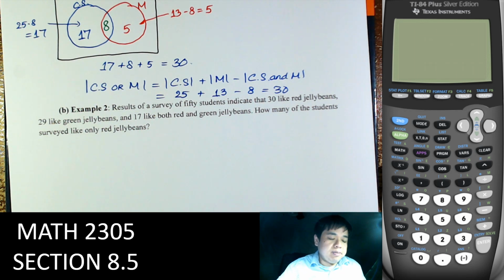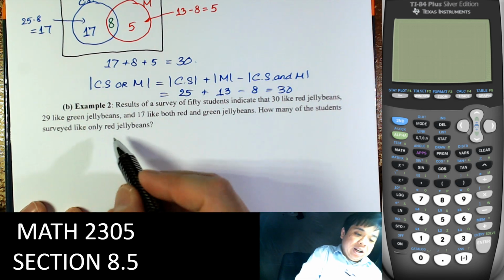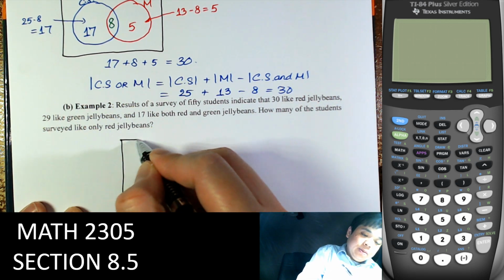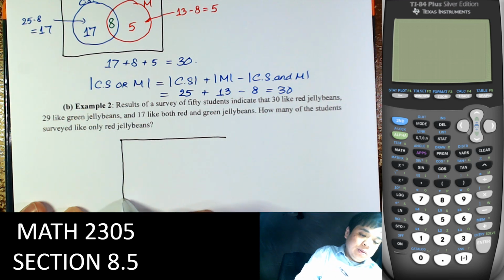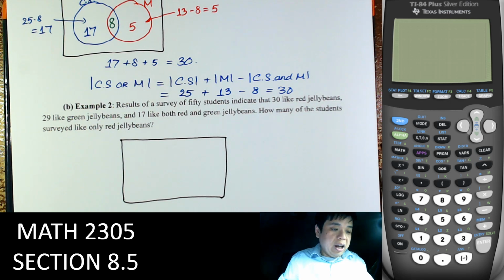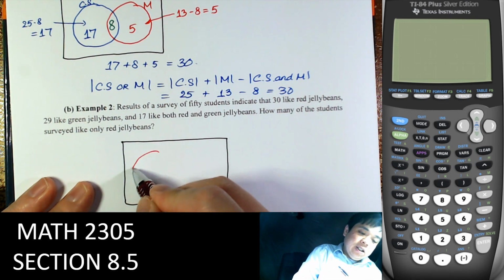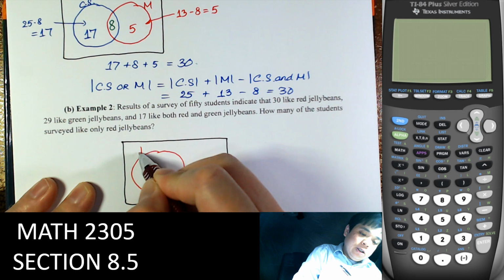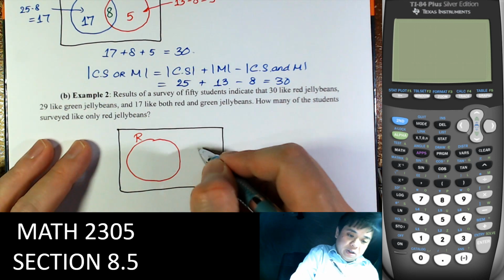Right, next. Result of a survey of 50 students indicate that 30 like red and 29 like green and 17 like both. How many students surveyed only liked red jelly bean? Right, so what we have is red and then green.